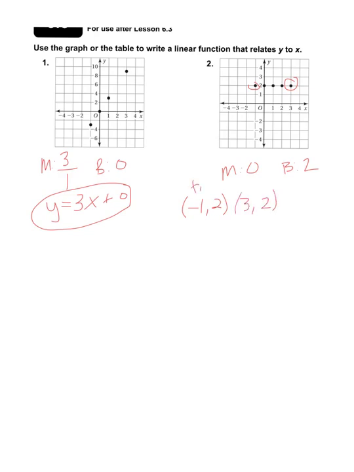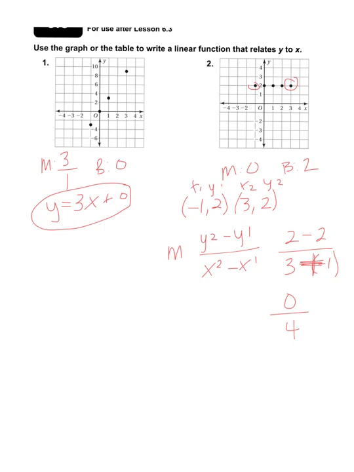And we took this point, which is 3, 2. Then we use the slope formula, x1, y1, x2, y2, which is y2 minus y1 over x2 minus x1. That would be 2 minus 2 over 3 minus -1. 2 minus 2 is 0. 3 plus 1 would be 4. 0 divided by anything is a slope of 0.